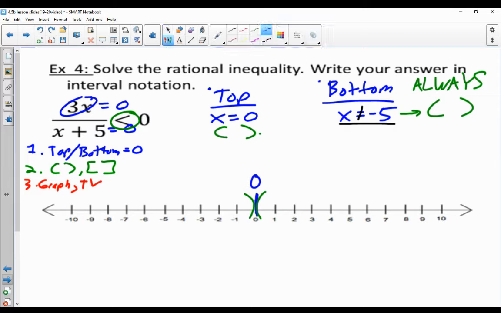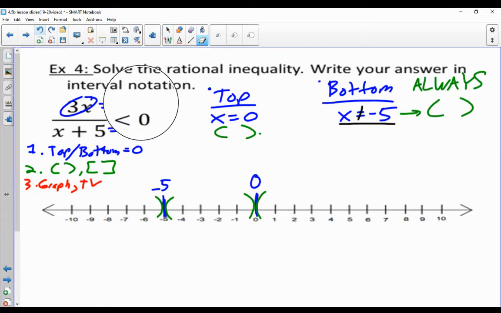Now let's graph the bottom, where the bottom is at negative 5, and it also has open parentheses. Oops, did not draw that well. Whoop, much better. All right, so we now have graphed the information we have.